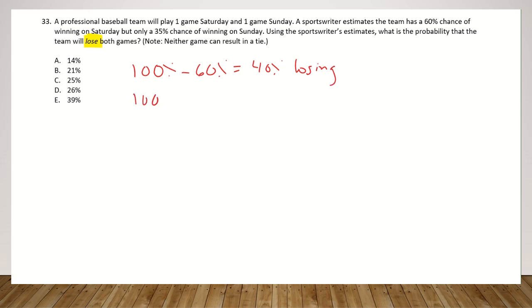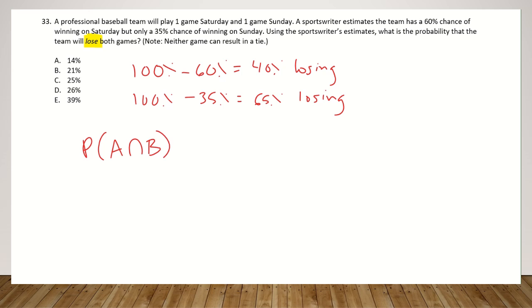Do the same thing for our Sunday, and we get a 65% chance of losing on Sunday. And then remember our formula that we learned for finding an and probability, the probability of losing on Saturday and losing on Sunday. That was this thing.